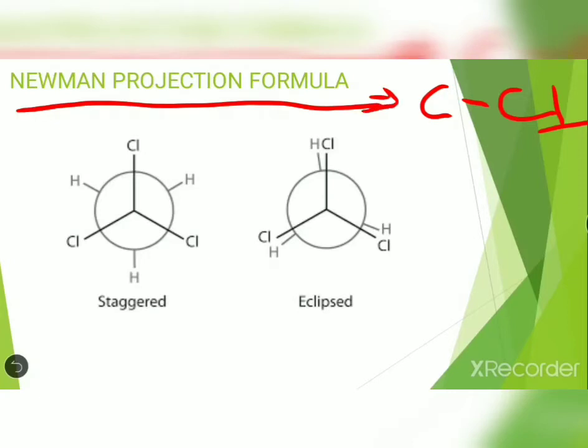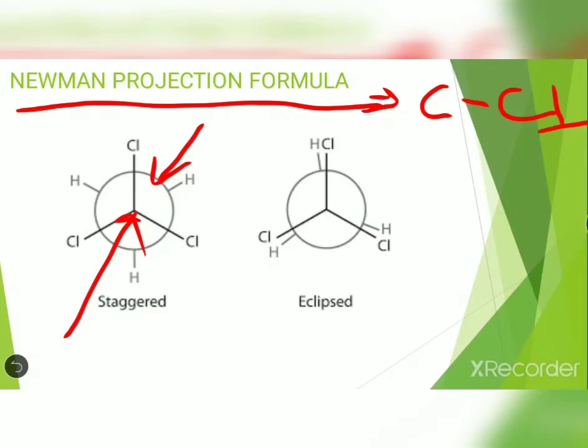Hence, the rear carbon atom cannot be seen. It is covered by the front carbon atom. The front carbon atom is represented by a point from which the three bonds radiate. The rear carbon atom is represented by a circle where the three bonds radiate from its circumference. The central carbon bond is not visible.